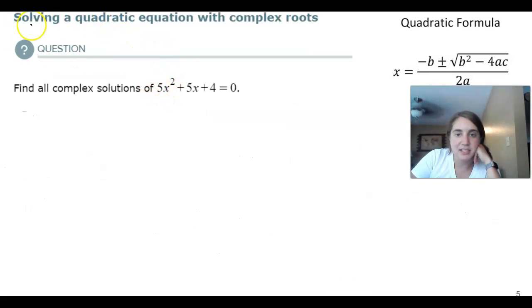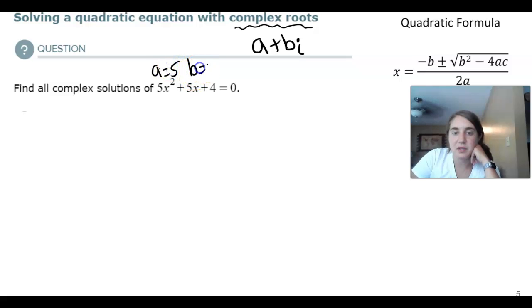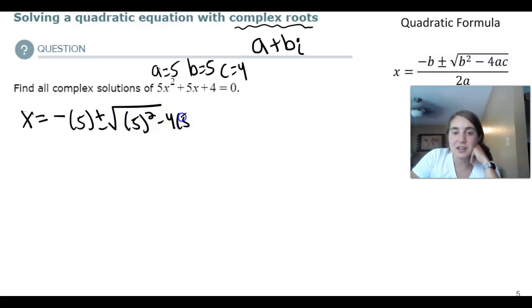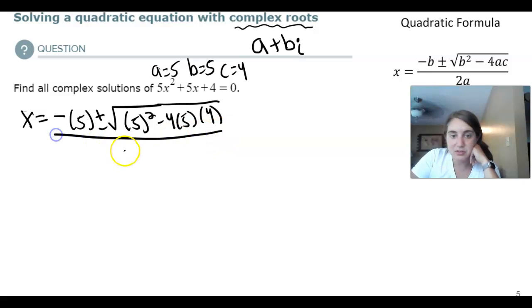Okay, so we're going to keep practicing these. This time I'll have some complex roots. So that means I'm going to have an a plus bi. So remember i is imaginary. So a equals 5, b equals 5, c equals 4. So x equals -b plus or minus the square root of b squared minus 4ac all over 2a.